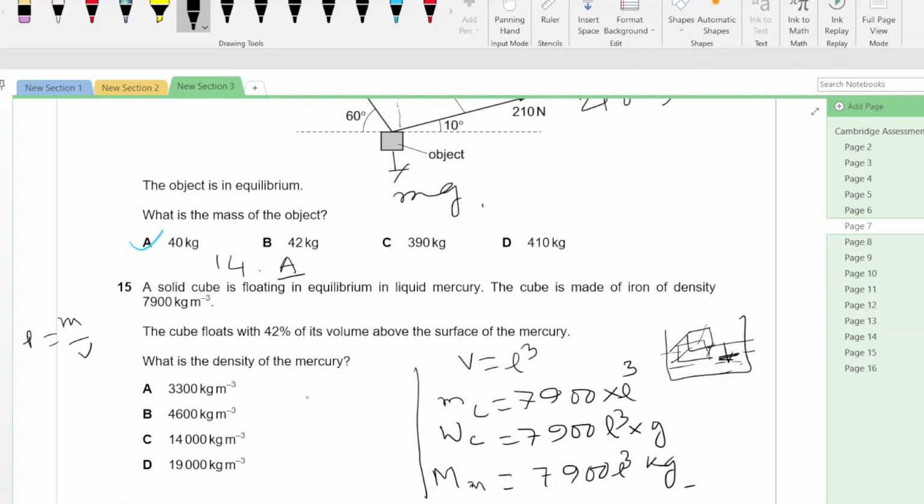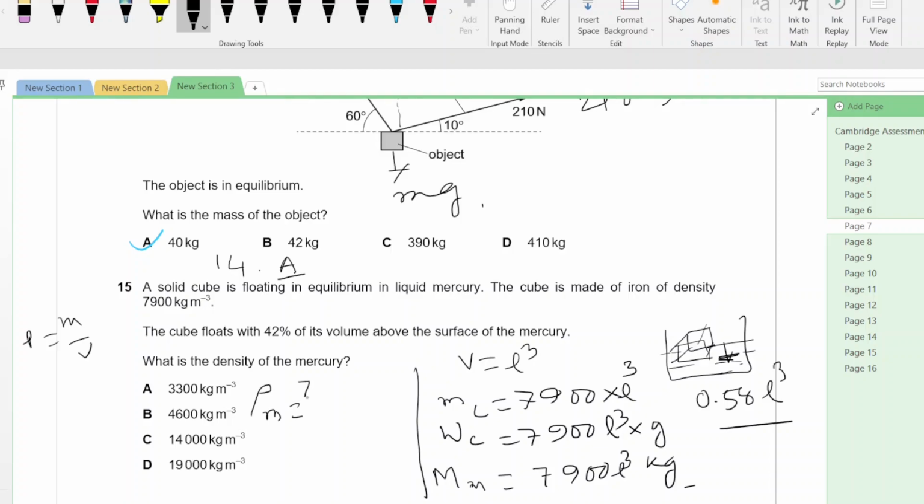This is numerically equal to 0.58 L cube. Therefore, the volume of the mercury displaced is 0.58 L cube.